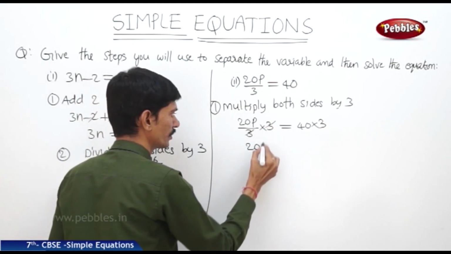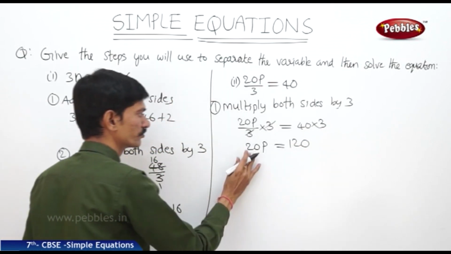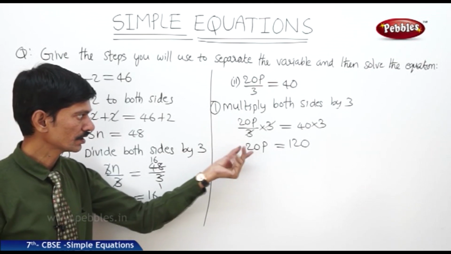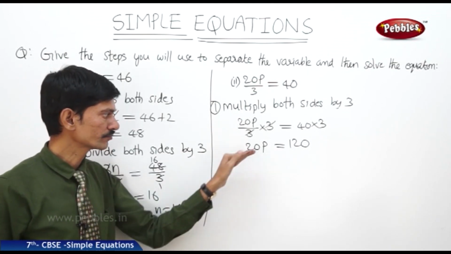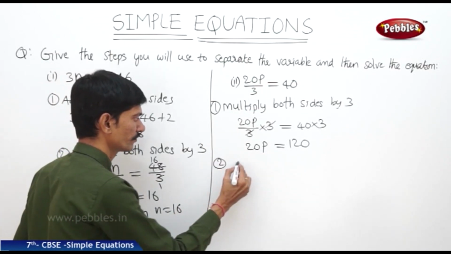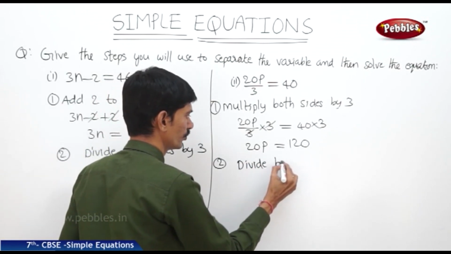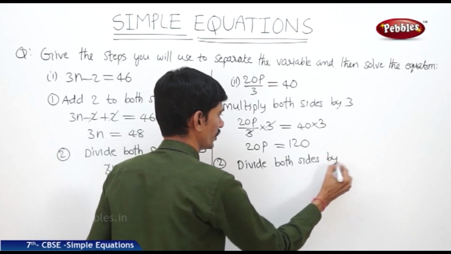So here we can cancel 3 and 3. Then 20p equals 40 into 3 is 120. Now 20p means 20 is multiplied by p. Now to cancel into 20, here we can do division of 20 on both sides. So the second step is divide both sides by 20.